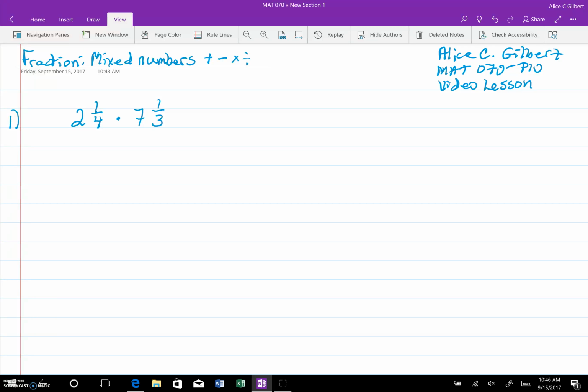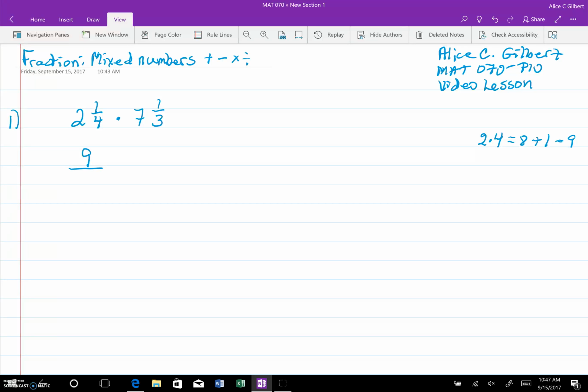So here's our first example, 2 1/4 times 7 1/3. I start by turning the 2 1/4 into an improper fraction. Remember, we multiply the 2 times the 4, which equals 8, and then I add the numerator, which is a 1, so that equals 9. That becomes my new numerator.